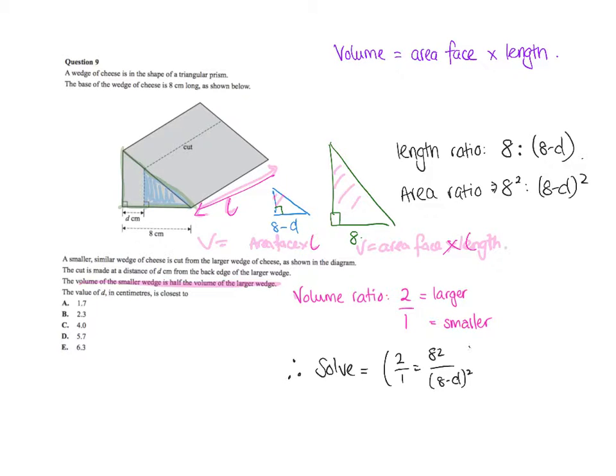Because you only have one unknown, d, you'll be able to work out what d is and therefore solve it. So d ends up being 2.3. Okay, so we got that one.